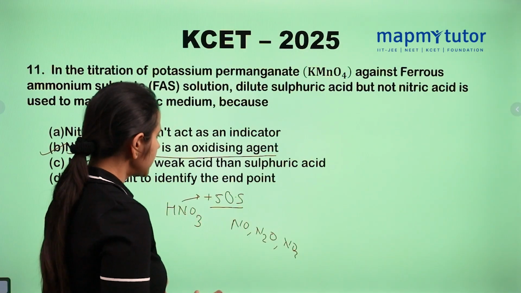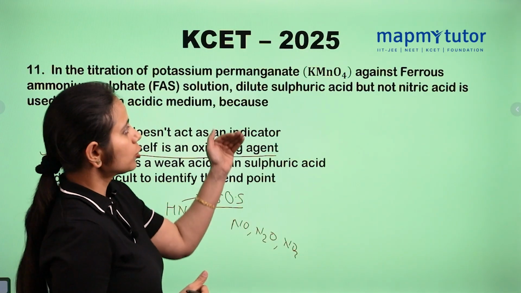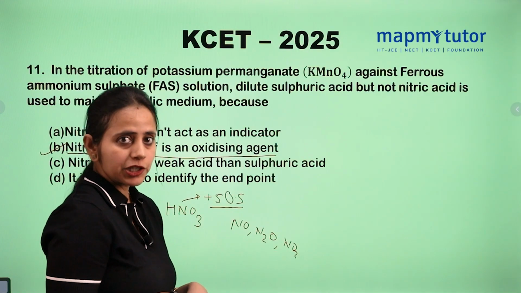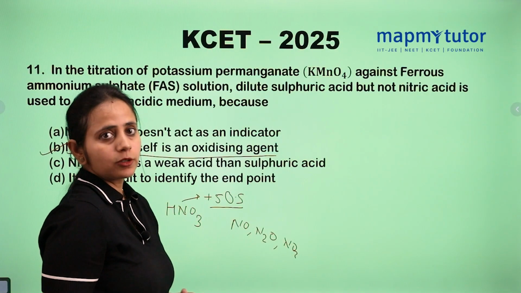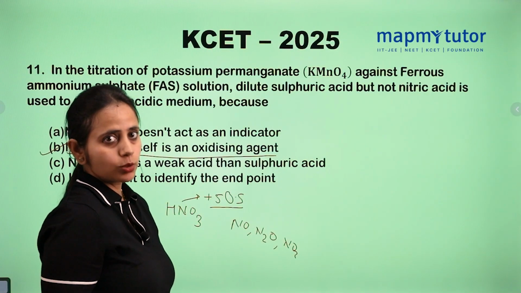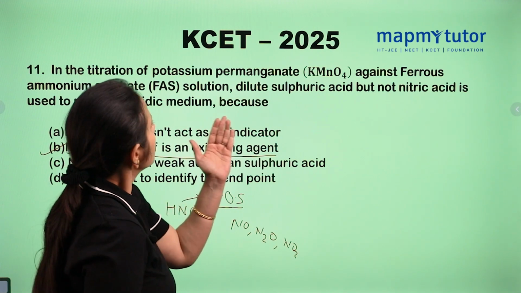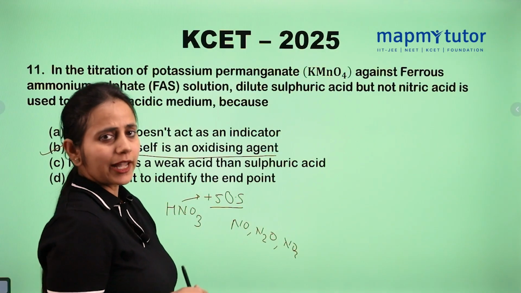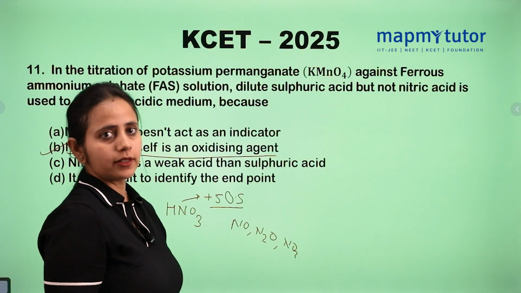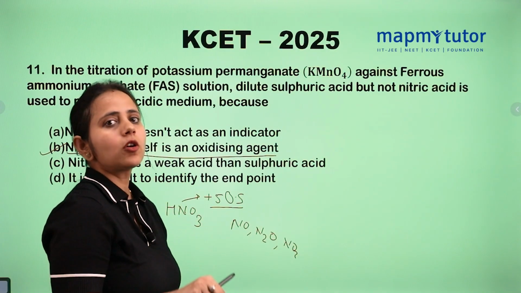If both are oxidizing agents and present in the same titration, they will interfere with the titrant and the analyte, and we will not get the best results. So we don't use nitric acid. Our preferred choice will be sulfuric acid. Likewise, we also don't use HCl in this because HCl also acts as an oxidizing agent.